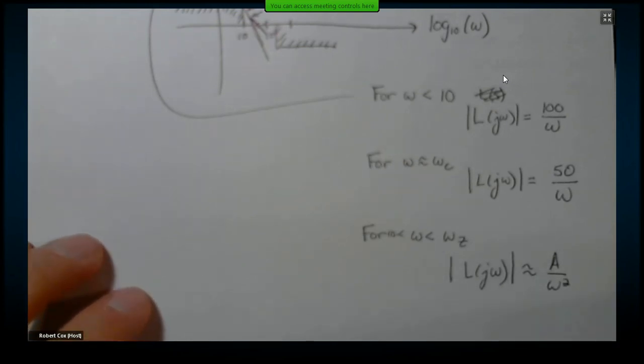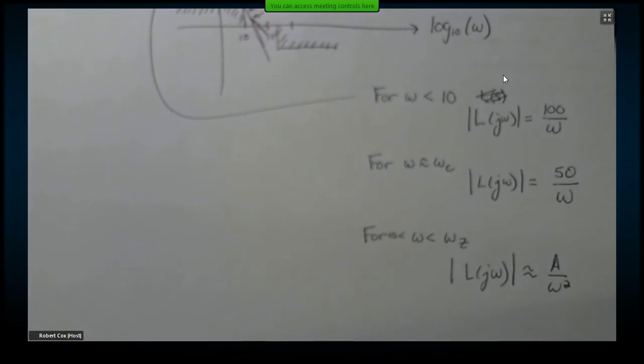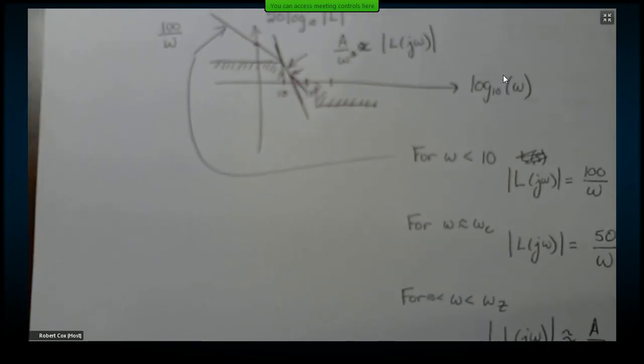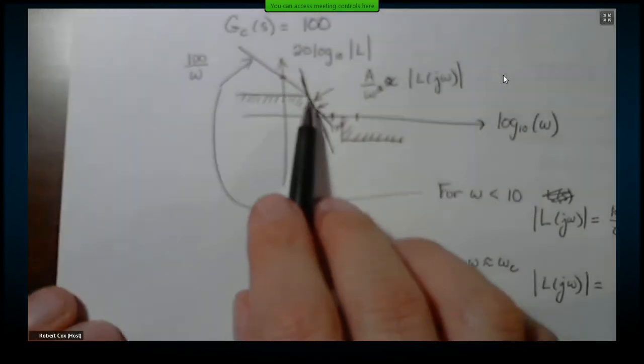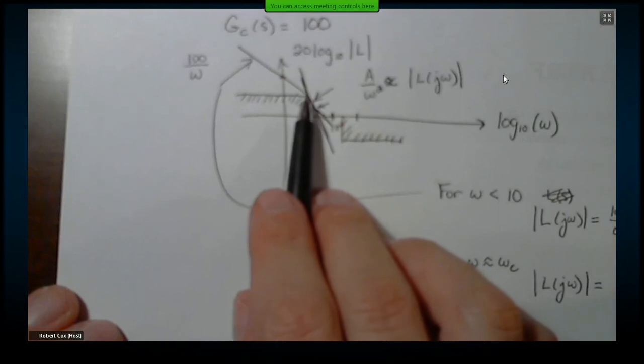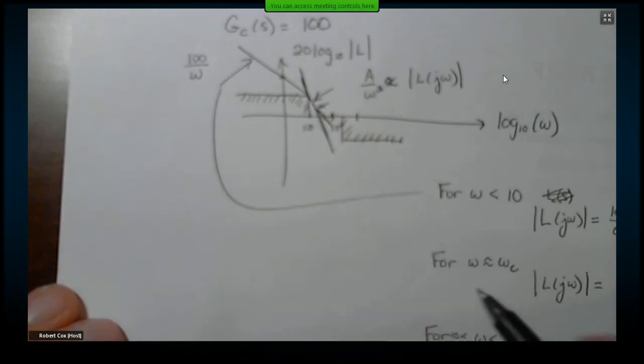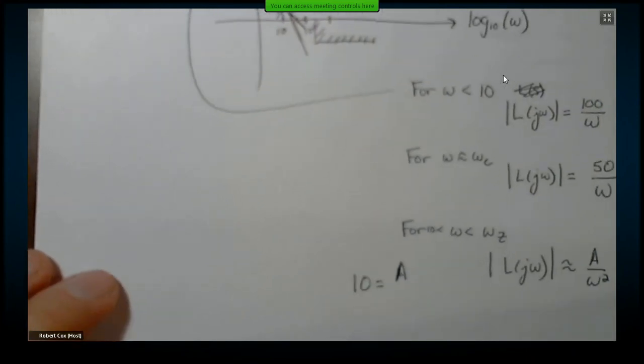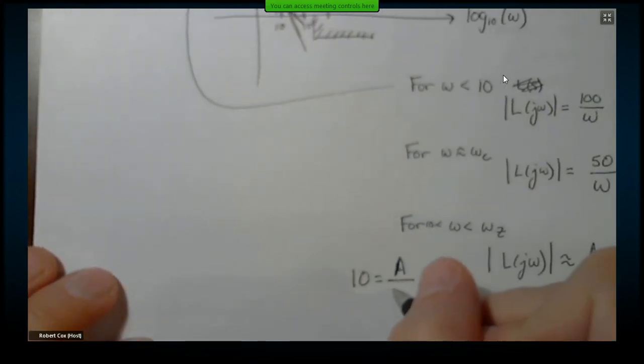Now, how can I figure out what this A is? Well, okay, it's not too bad because I know that at this particular point, at 10 radians per second, it has to have a magnitude of 10. So I can say 10 equals A over 10 squared.